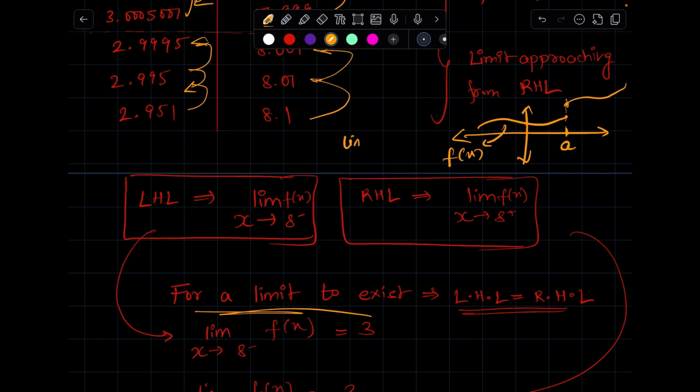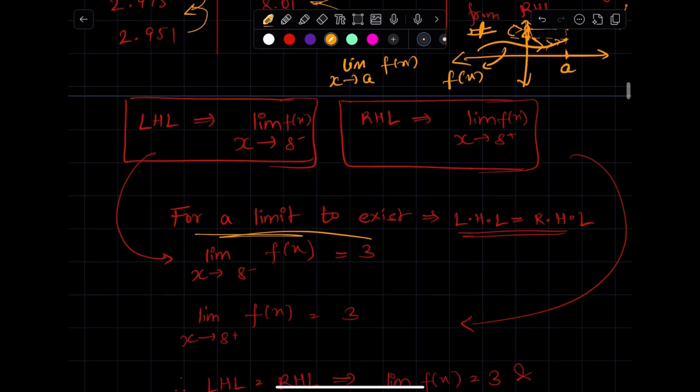When your limit is approaching a, when you go from your left hand side, you will see that your numbers approach this number on the y-axis. But when you're coming from the right-hand side, you get another y value, and these two y values are not equal. So in this case, we say that the limit does not exist.